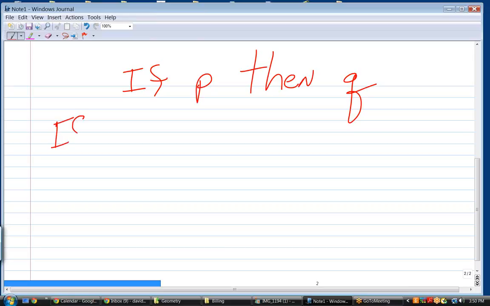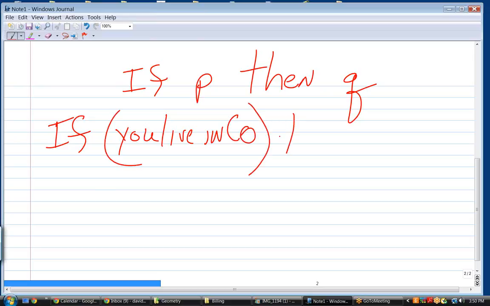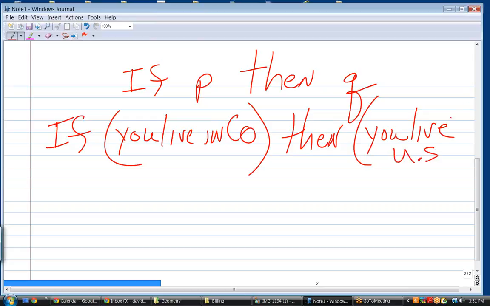The example I always give everybody is, if you live in Colorado, that's the P, then you live in the United States. That's the Q. So it's like all squares are rectangles, but not all rectangles are squares. There are some if-then statements where you can reverse it, and we'll get to that in a second.